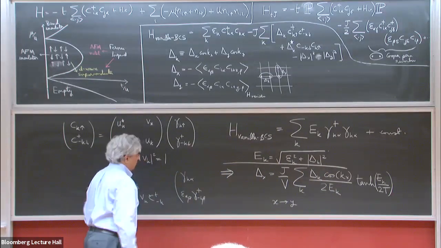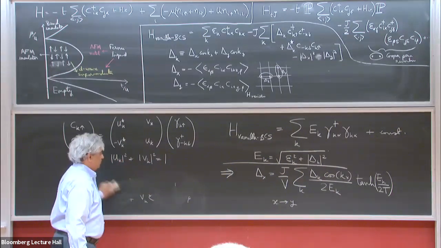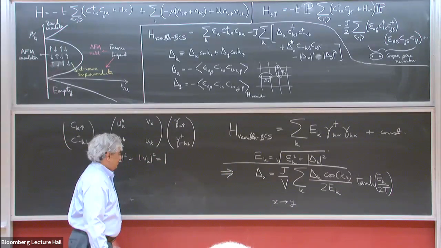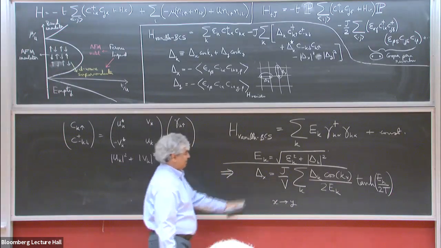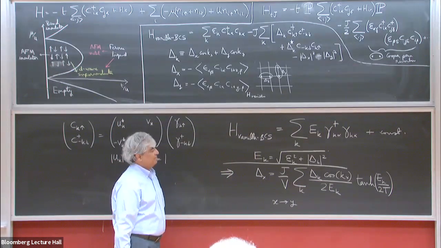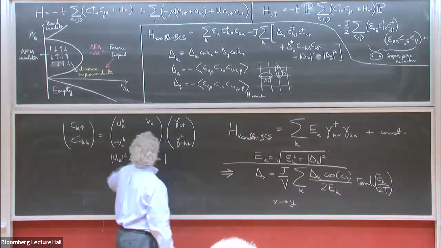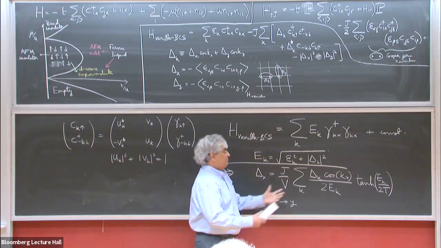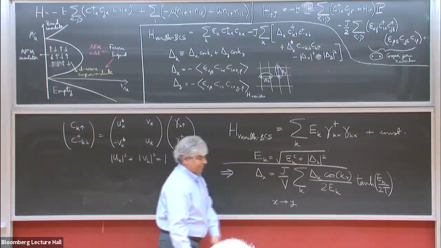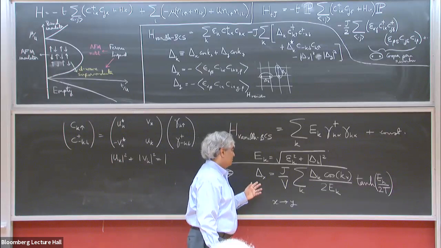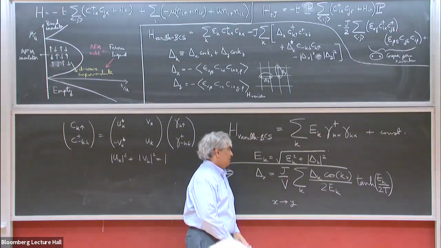Okay. Right, so what I was saying earlier was you have these equations you have to solve. And of course, one solution is delta X equals delta Y equals 0. That's always a solution of this set of equations. That would be just, you go back to the Fermi liquid then. But below a certain critical temperature, that's not the optimal solution. Then you can get delta X and delta Y non-zero.